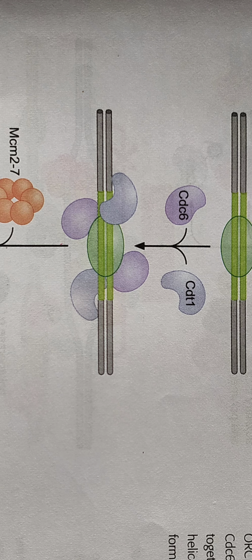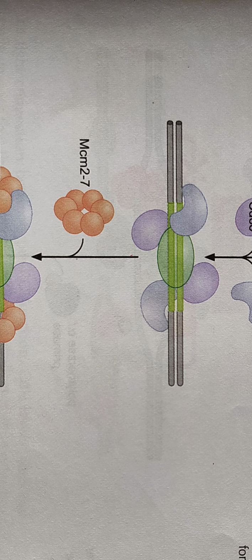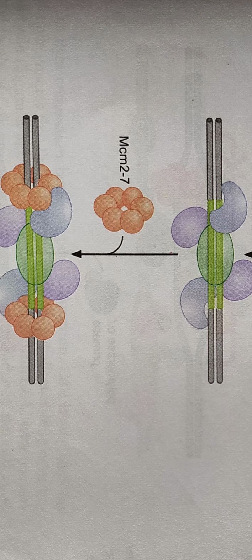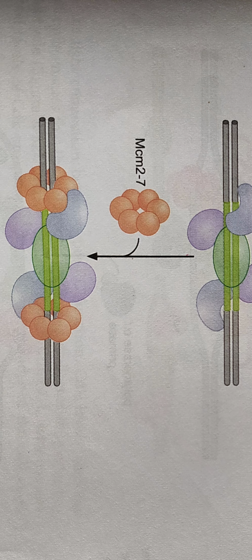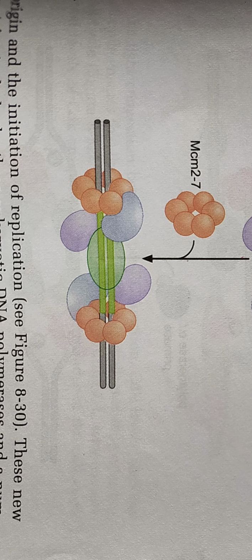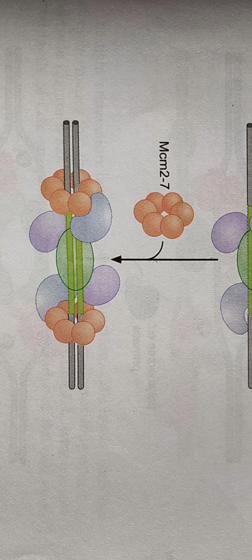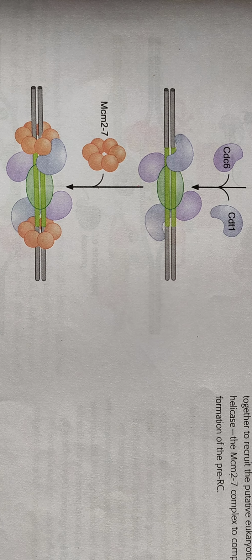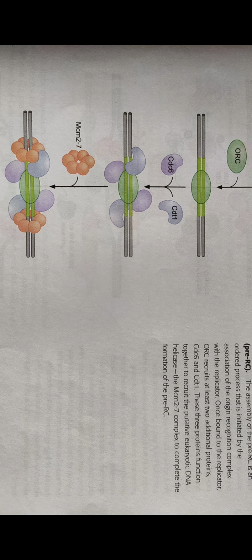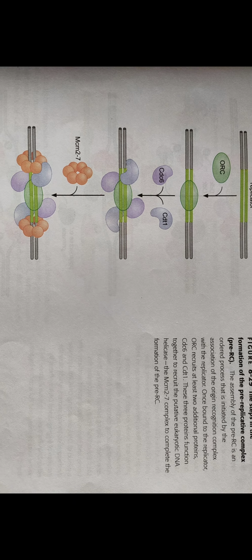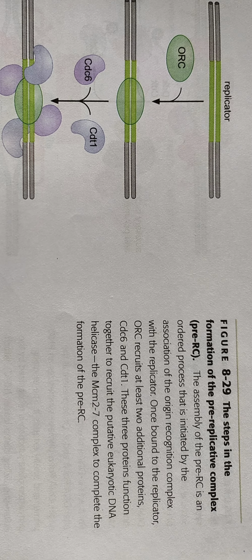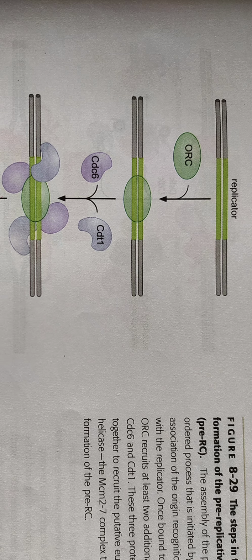These helicase loading proteins then allow the MCM 2-7 complex to bind. The MCM complex is thought to be similar in structure and function to a helicase. In this way, initiation of replication in eukaryotes begins. It is given in figure 8.29 in your Watson book. Okay, let us move forward.